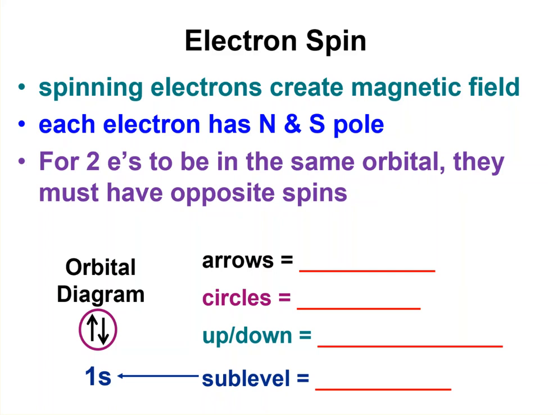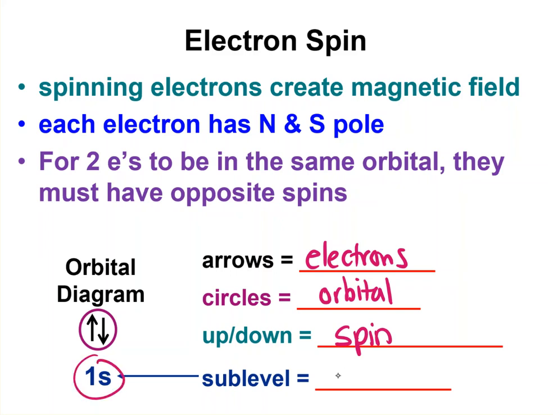But if you arrange them in opposite directions, the magnetic fields will stick and be favorable, and that will allow 2 electrons to fit in 1 orbital. So the way we draw that is that the arrows represent electrons, the circles represent an orbital, the up and down represents the spin. And of course, we label the sublevel with the principal energy level and the orbital type.